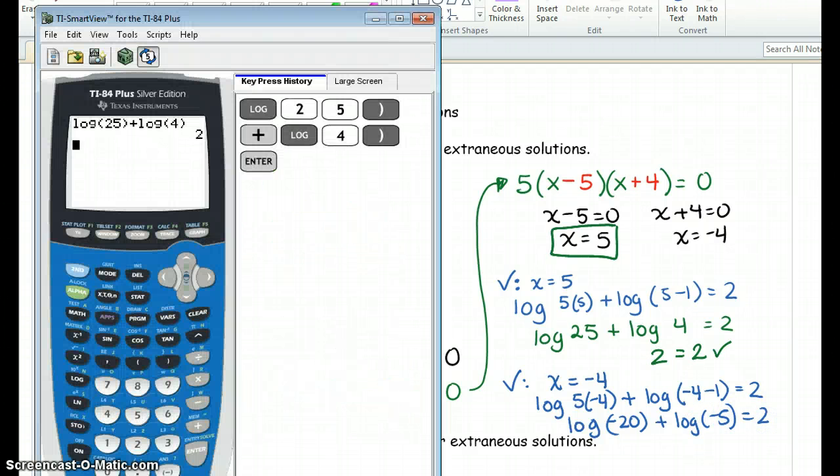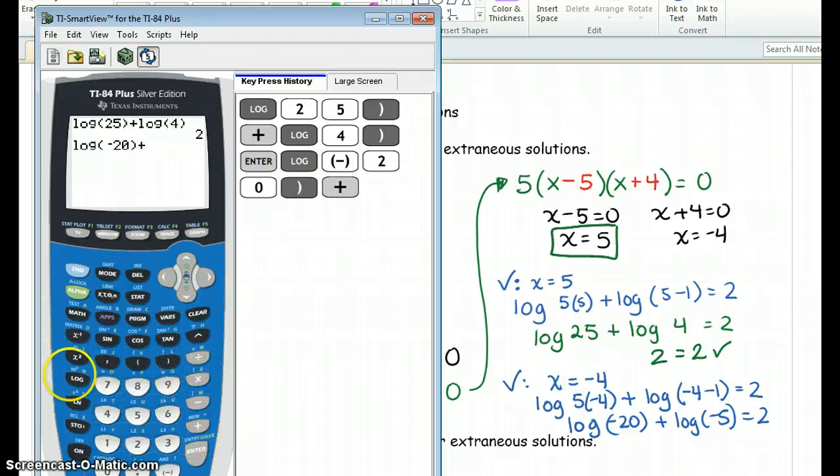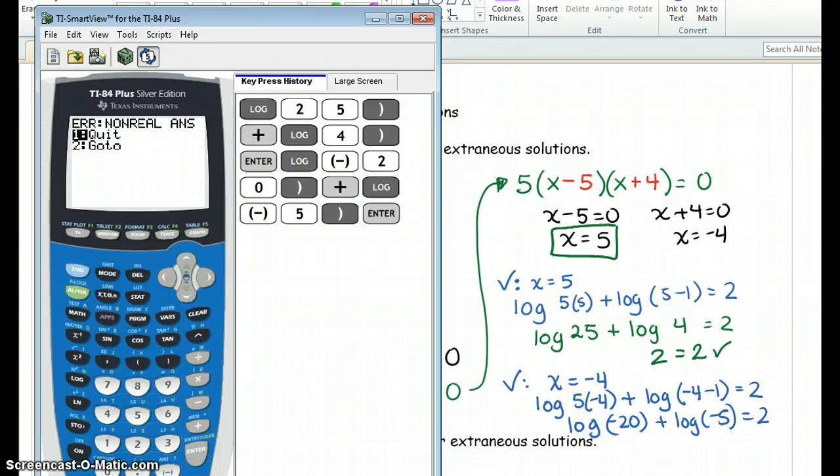All right, let's check on the calculator to see what happens there. We have log of negative 20 and close parentheses plus log of negative 5. And if we get a 2, then that means this is a solution. If we don't, it's not. And we are getting a non-real answer, which means this is not going to work.